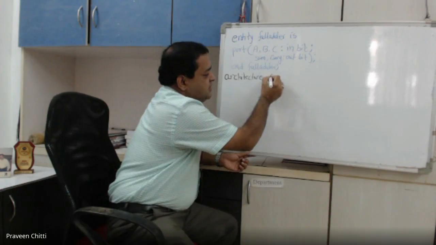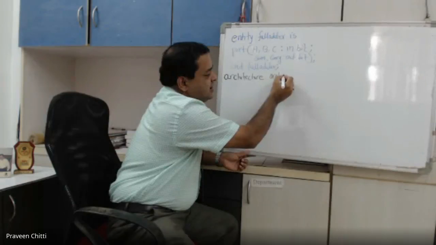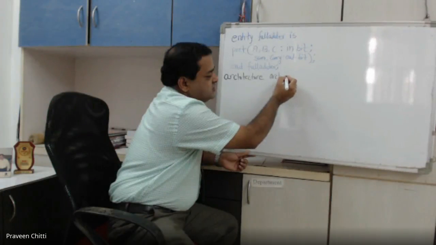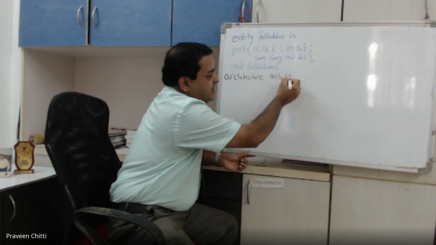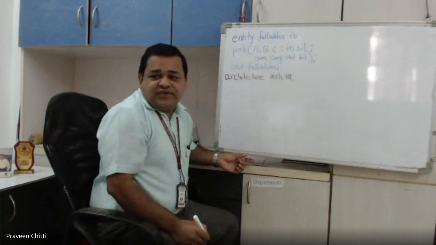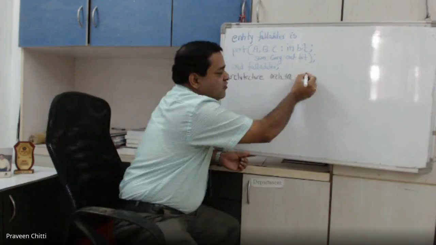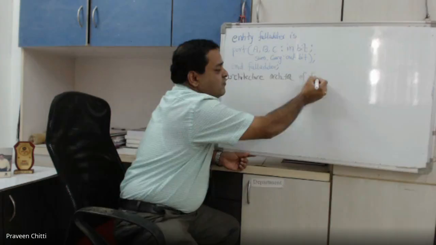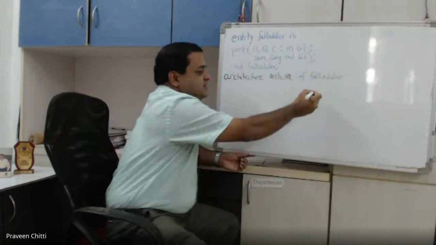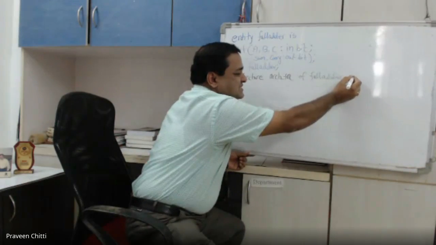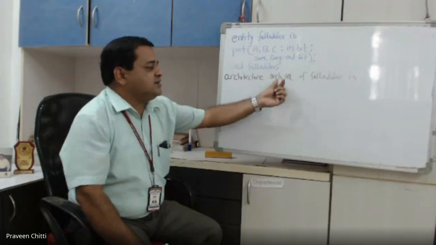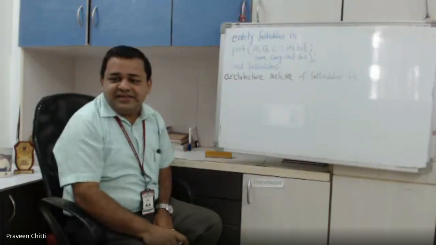You can give some name to this, for example arch underscore FA. Then of full adder is. Architecture, you give any name. I give arch underscore FA of full adder is.